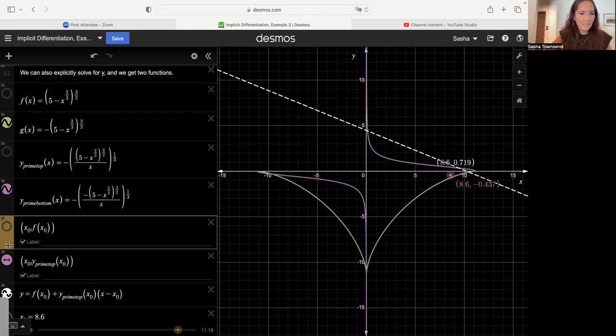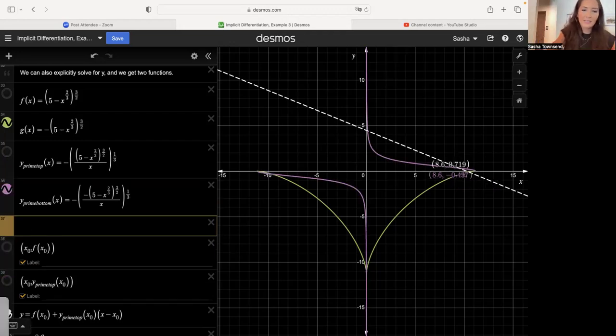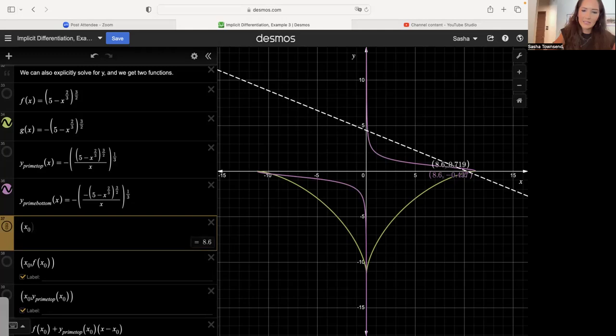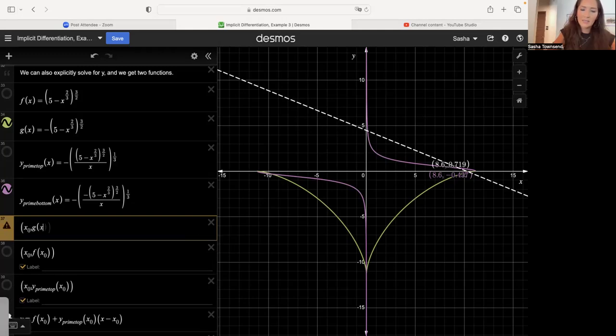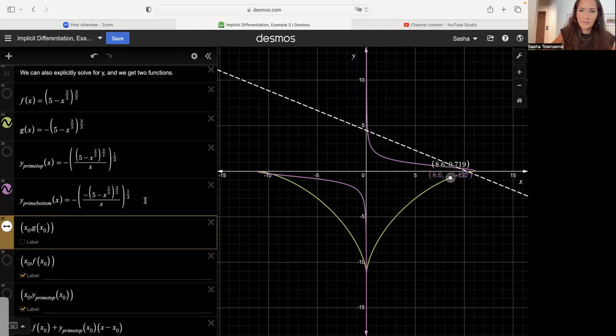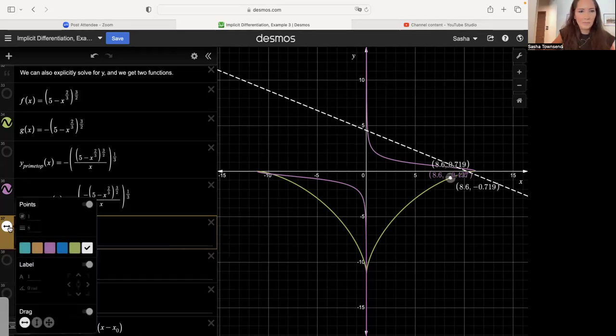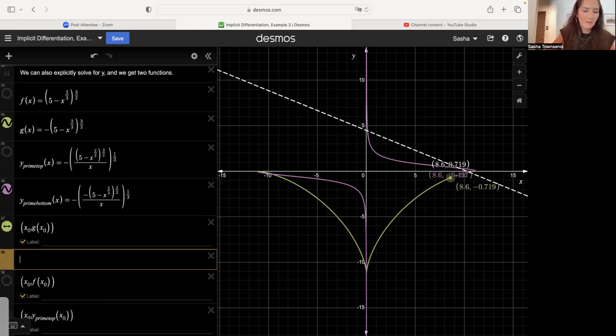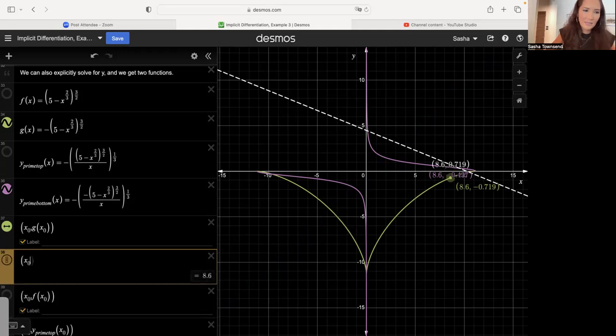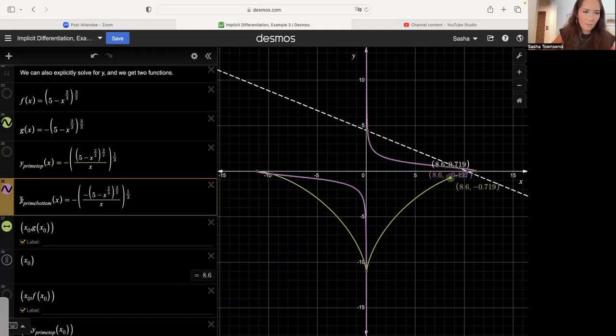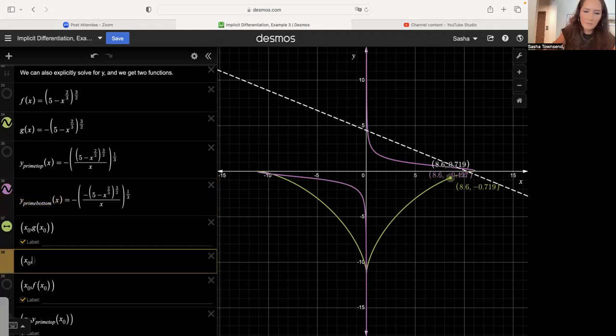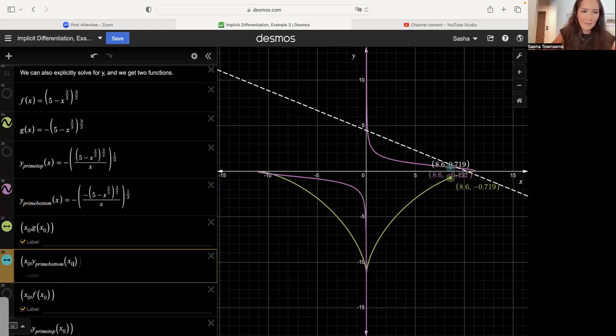And then rather than using these points, I'll graph x naught and g of x naught and label it. And then we'll graph x naught and that derivative for the bottom function at x naught and label it.